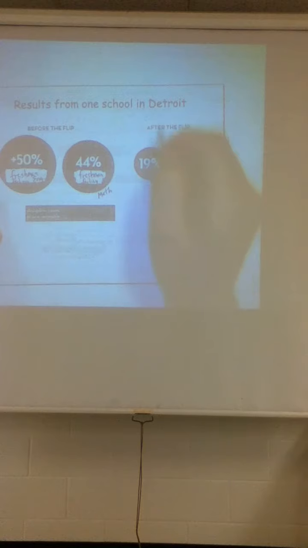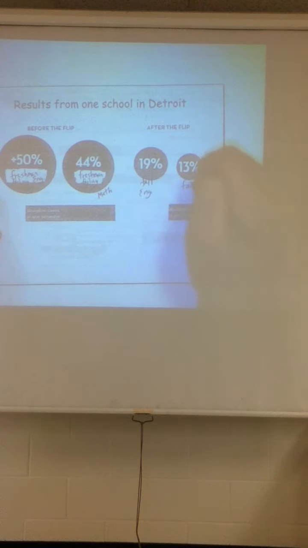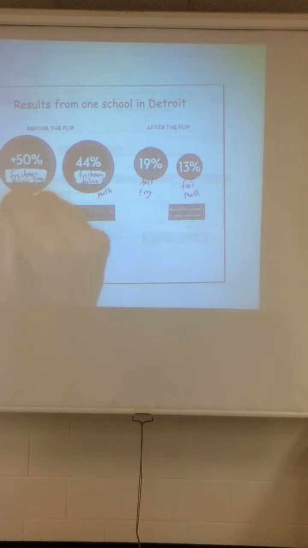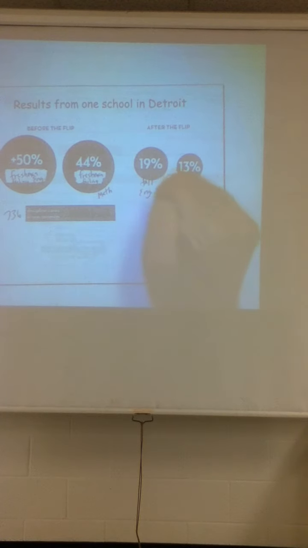After the flip, 19% failed English, and again, these are the same freshmen, and 13% failed math. They went from 736 discipline cases in 1 year to 249 the next year. As you can see, that's quite a drastic change.